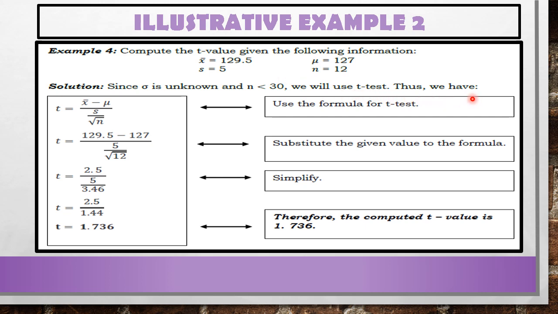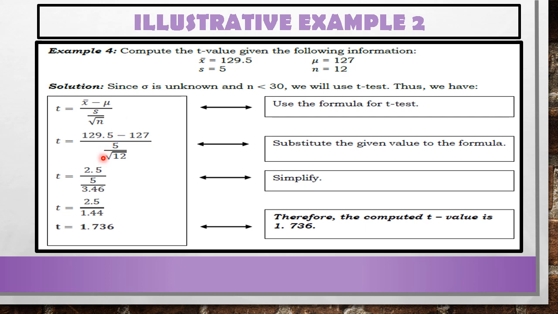Alam mo dapat kung kailan gagamitin ang t-test at alam mo din kung kailan gagamitin ang z-test. In this case, ang gagamitin natin po ay t-test. So, ang formula ng t-test is x bar minus mu over s divided by the square root of the number of samples or the sample size.